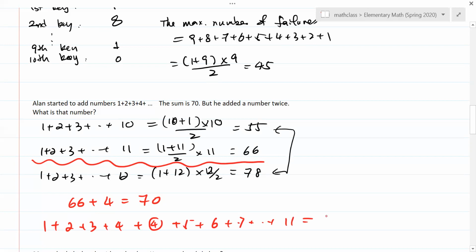That will be 70. So you figured out that number. It's what we call solving the equation mystery. But you should know how to add the numbers together. This is how we figure it out.